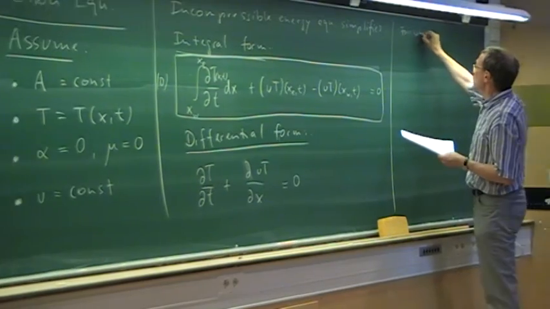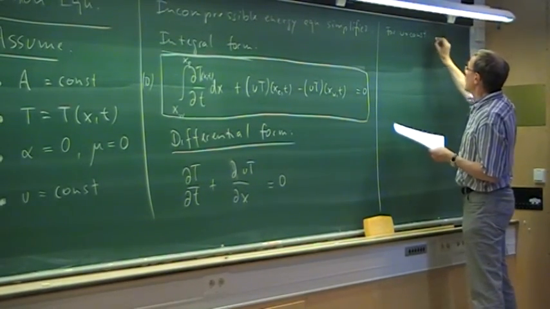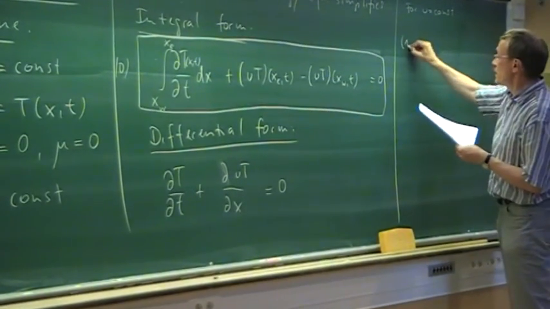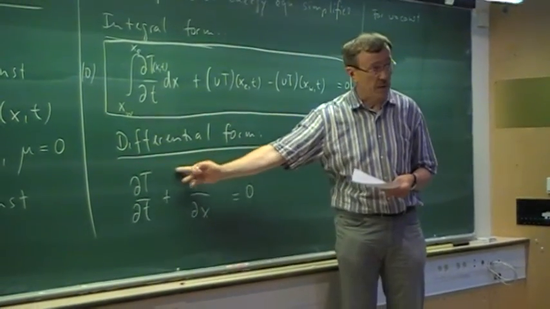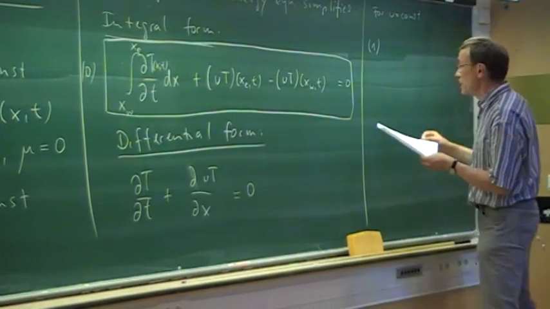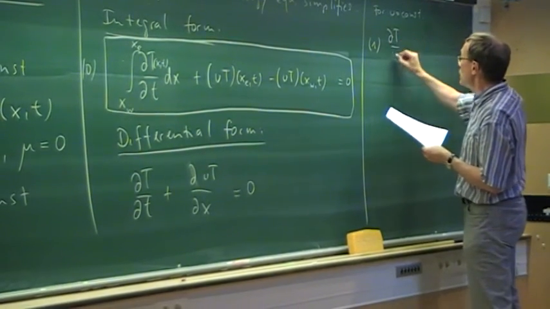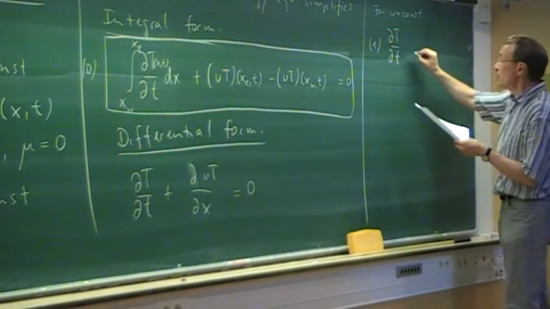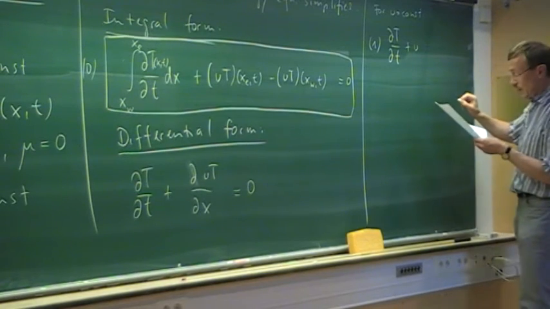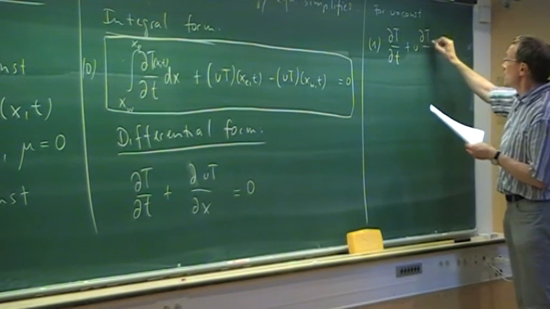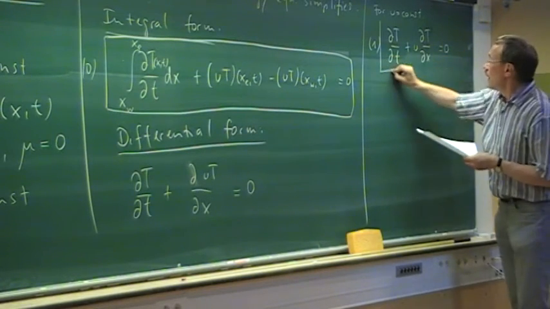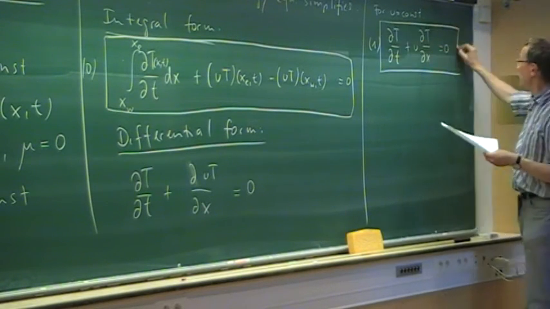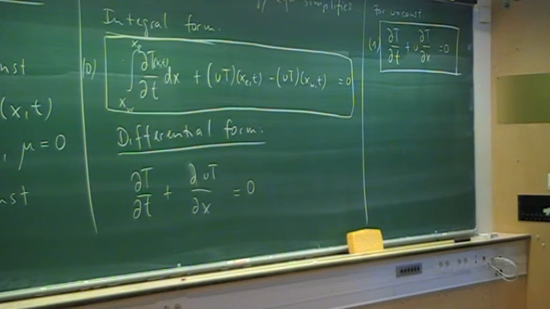In our case, u is constant. Then, as the differential form, we can put the u outside the derivative because it's constant. And then we get the time derivative of temperature, plus the constant velocity times the space derivative of temperature, equal to 0. And that is what is usually called the 1D linear advection equation.